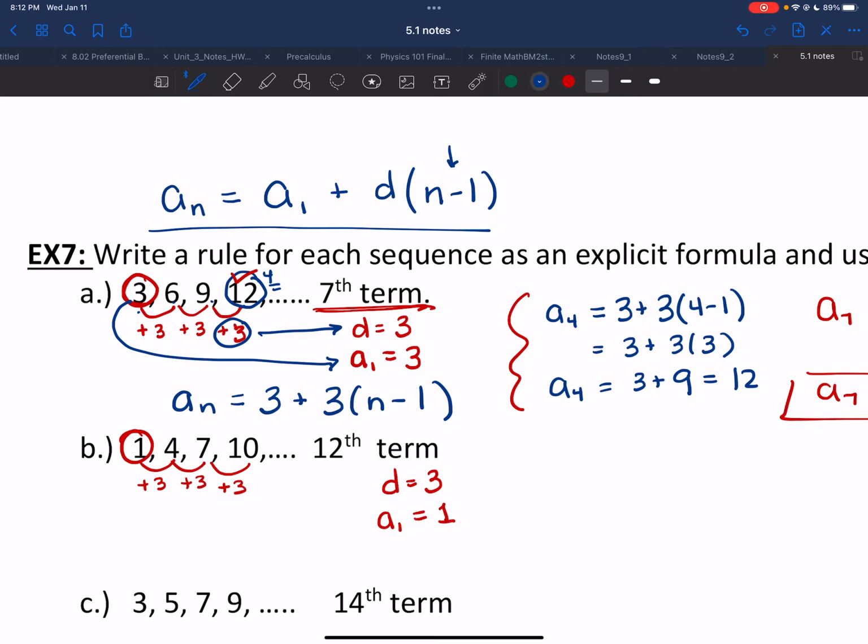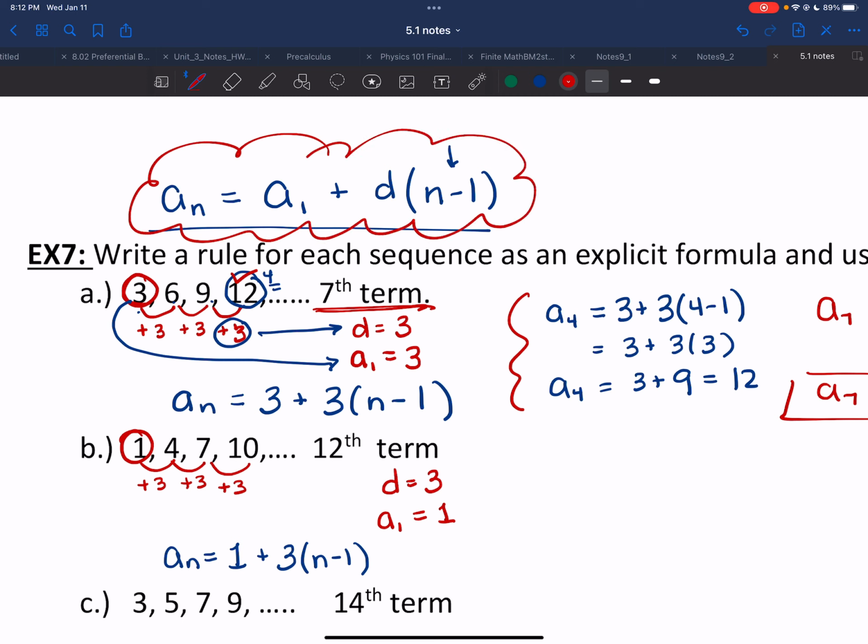So I should be able to come up with an equation, which is a_n equals a_1. We're not going to put a_1 in here. We're going to substitute it for this one specifically. 1 plus 3(n minus 1). Right? And again, here is my framework, my blueprint of what I'm using.